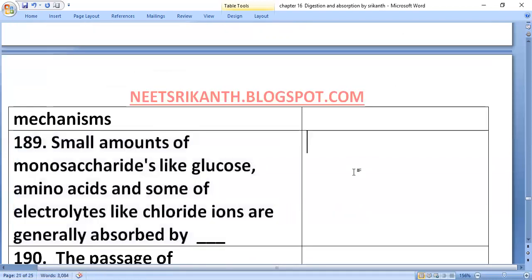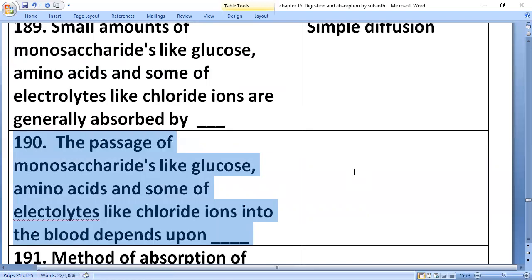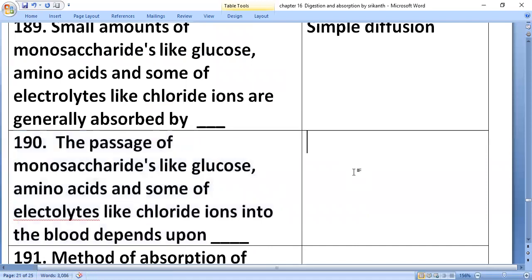Small amounts of monosaccharides like glucose, amino acids, and some electrolytes like chloride ion are generally absorbed by simple diffusion. Passage of these into the blood depends upon concentration gradients.